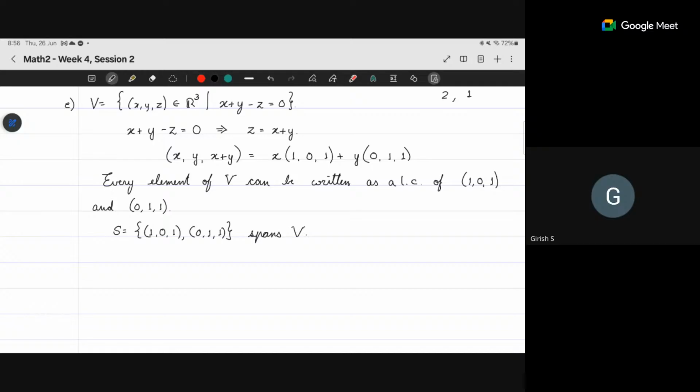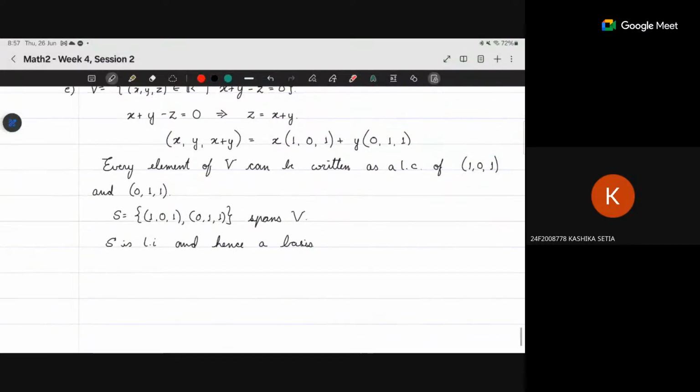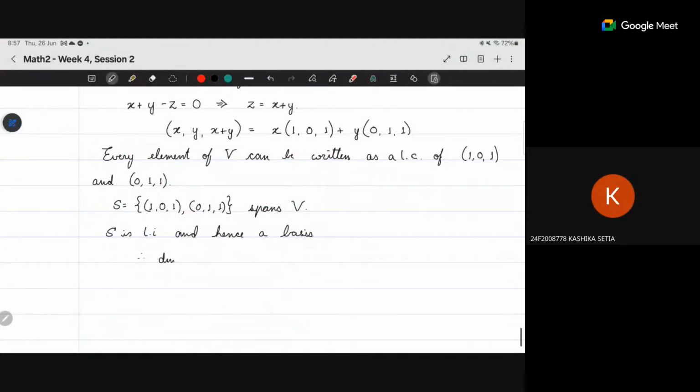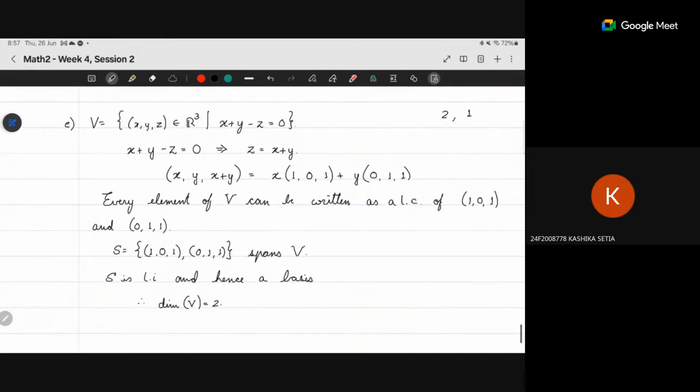So S is linearly independent, and hence, what is the word that I need to write? Basis. So this is the basis. Therefore, dimension of V is 2. Yeah, this is 2. Dimension of V is 2.